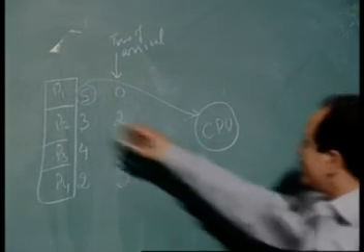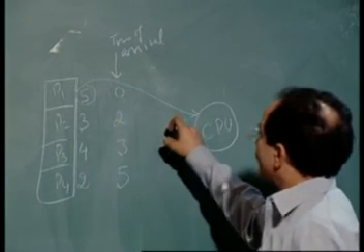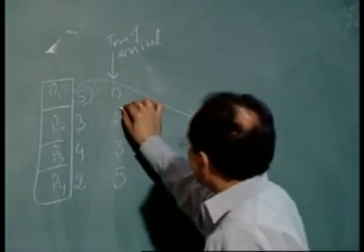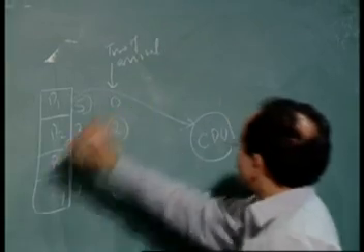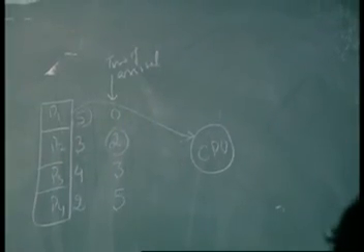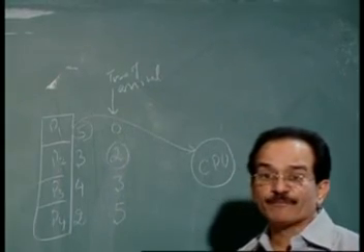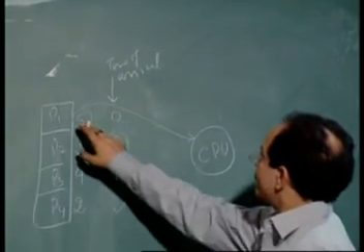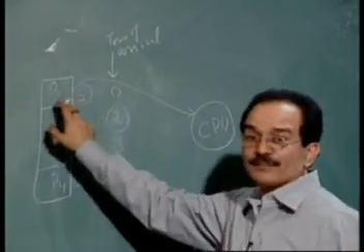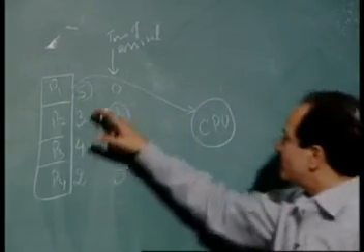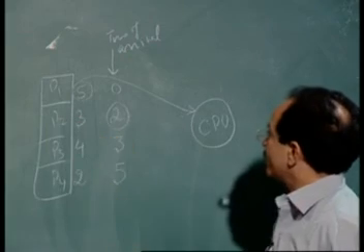Once it has gone into the CPU, it will start executing, but at the 2nd unit of time another job comes which requires 3 units of time. Now, how much execution has taken place for the P1 job? 2 units of time. 2 units of execution are over in case of P1.